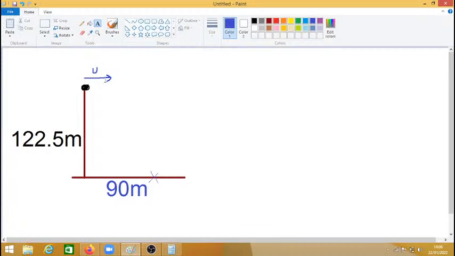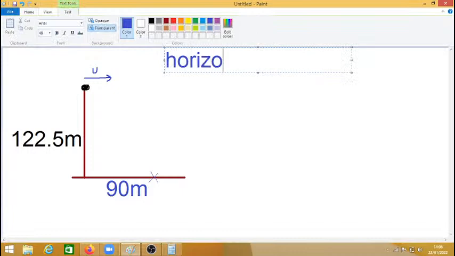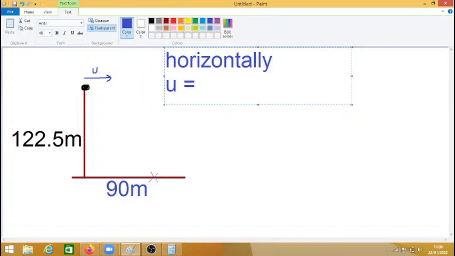So let's take a look horizontally first and see what we know and what we don't know. Probably we're going to end up needing to go vertically, but let's just take a look horizontally. Horizontally, the initial speed is unknown, so we're just going to say it's u. Acceleration, there is no acceleration horizontally. That means that v is unchanged.